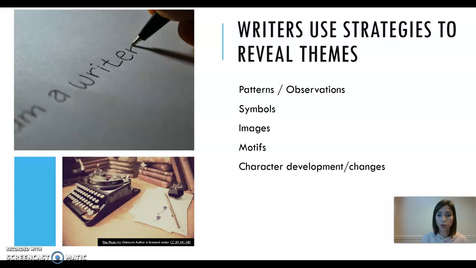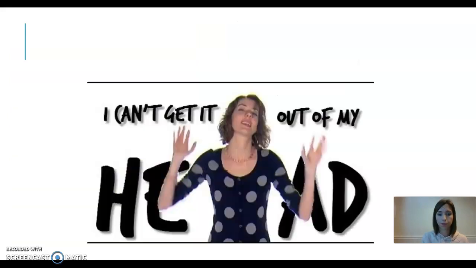Symbols, there's a ton listed that we'll go through. Images, things we can visualize or hear or smell. Motifs, repeated structures, and then of course character development and changes. Oftentimes when we look at a character change or how they grow, we can see a thematic idea.